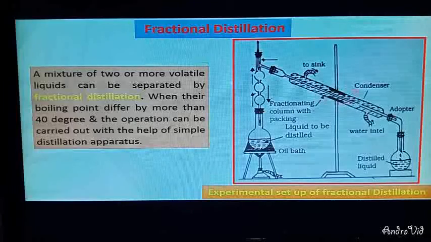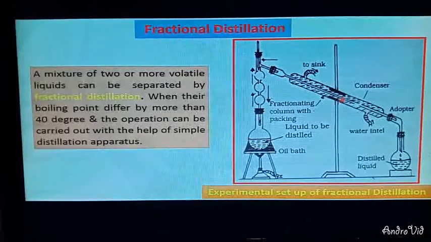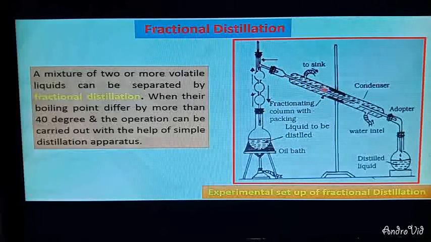So there is also a flow of cold water, and in this way the vapor of this liquid will pass through this condenser, and as there is a cold water flow, the vapor of this liquid will turn back into liquid again, and it will be stored here. Okay, this is the distilled liquid that you have seen. So this is basically the way.